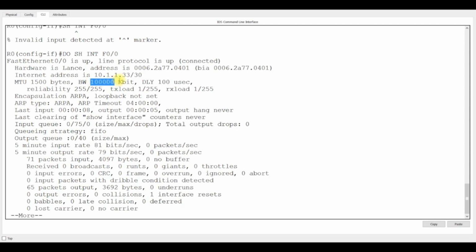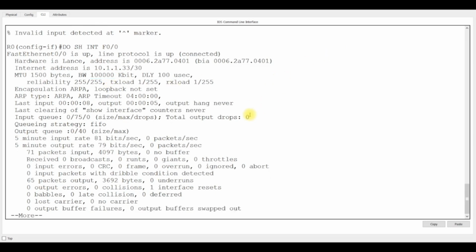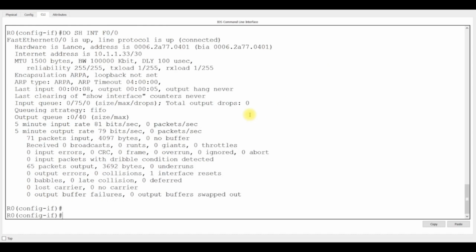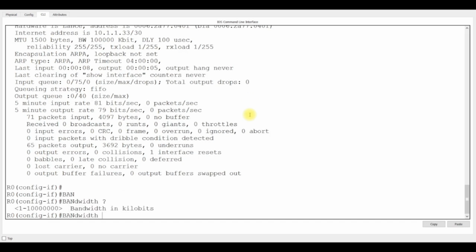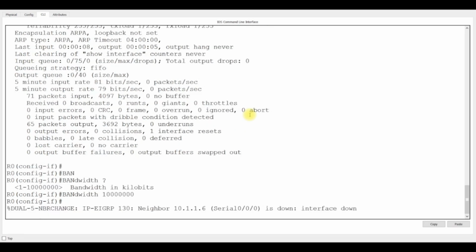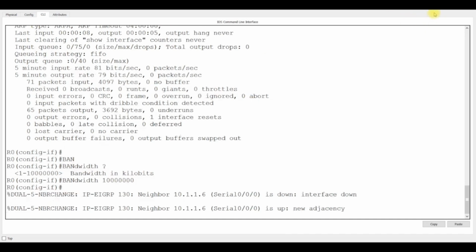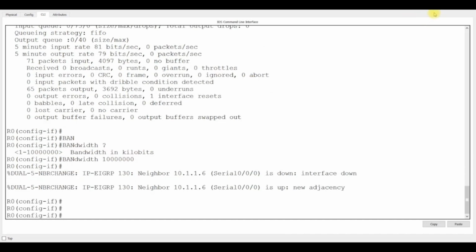So we're going to slow that down, and we're going to speed the other one up. We'll put it to its maximum. We're inside the serial 0/0/0 right now, so we're going to do bandwidth, and you can see the most you can do there is 10 million. So that's exactly what we're going to do: 10,000,000. All right, you see the neighbors are changing, and now we're going to go into the interface.